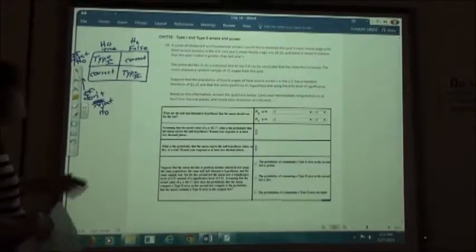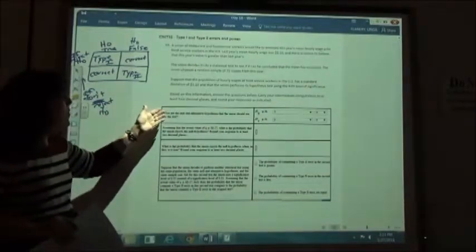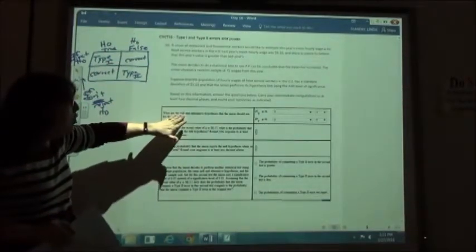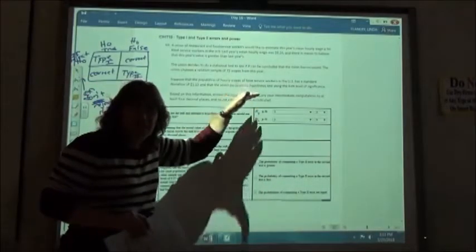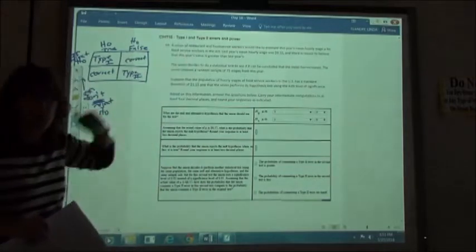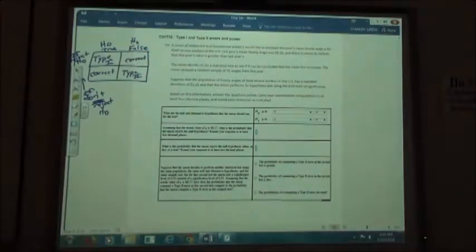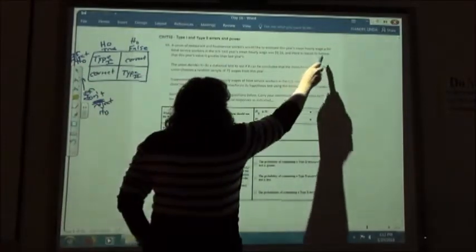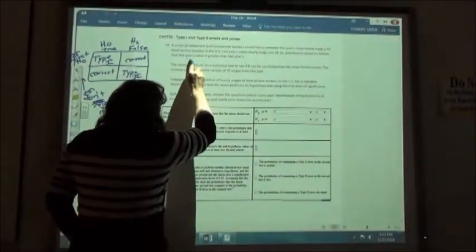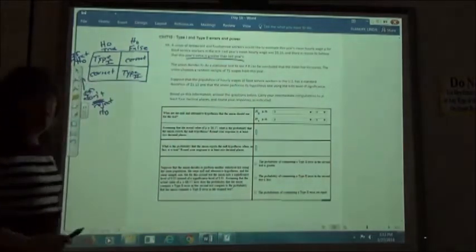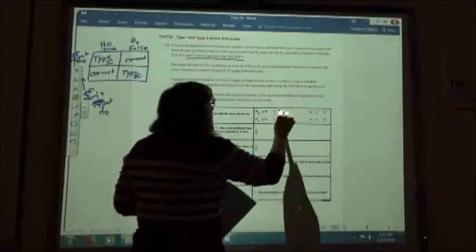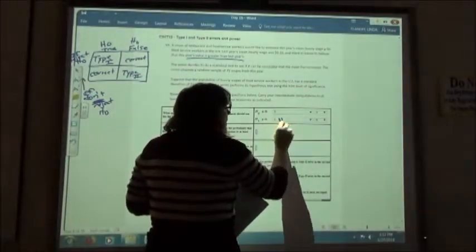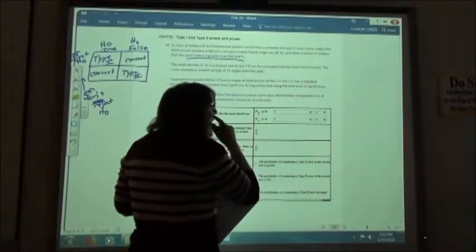So, on all of these ones that we were doing on the previous ones, we had our null and our alternate hypothesis. Here they're going to make you put it together instead of having them separate like on the previous questions we just did. So in this case, we want to see what the question says. It says that there's reason to believe that this year's value is greater than last year's value. So we are checking to see if the mean is greater.